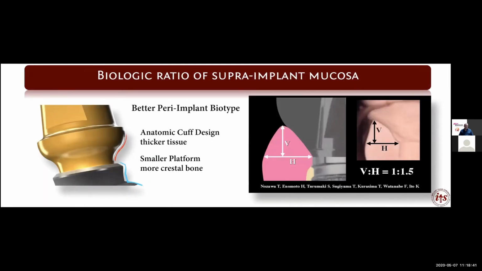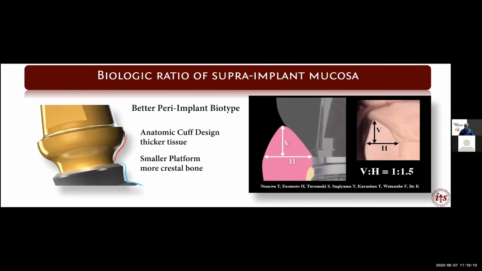Notice the coronal design of the Biotech implant with its sloping shoulder, permitting the implant again to be placed about 1 millimeter below the crest of bone. This, in addition, as we mentioned, platform switching, produces a thicker anatomic cuff of gingival tissue. As described by Nozawa and others, there is a ratio between the horizontal support tissue and vertical support of the sulcus.